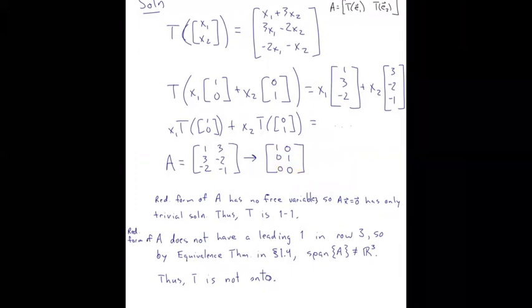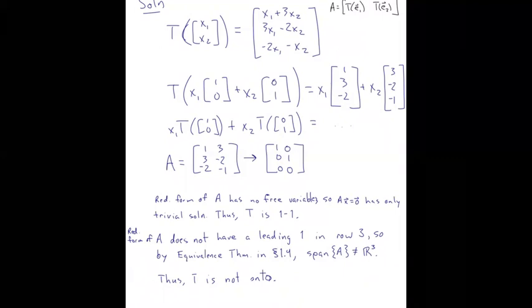If you go back to the equivalence theorem in section 1.4, then you realize that the columns of a matrix A span R3, or Rm, the image space, if there is a leading 1 or leading entry in every row of its echelon form or reduced echelon form.